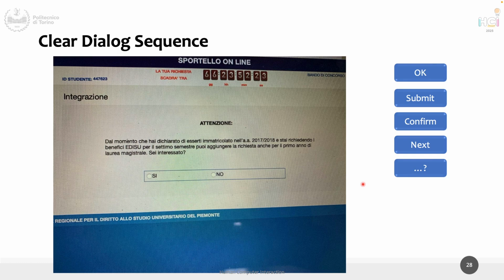At that point, you can also add a request for the first year of master degree. Are you interested? Yes, no. What happens if I press yes or no? But imagine that you are interested. What happens if I press yes or no?